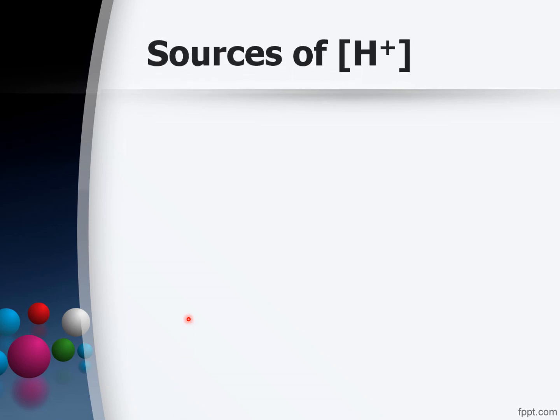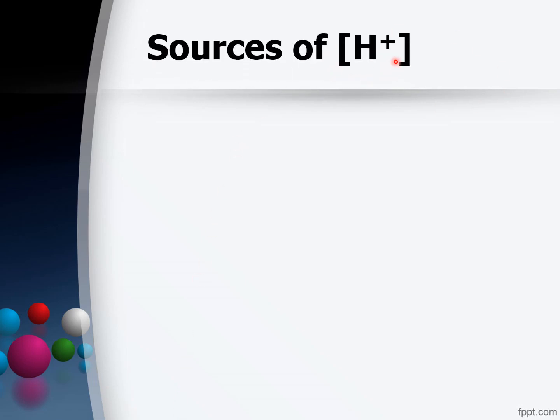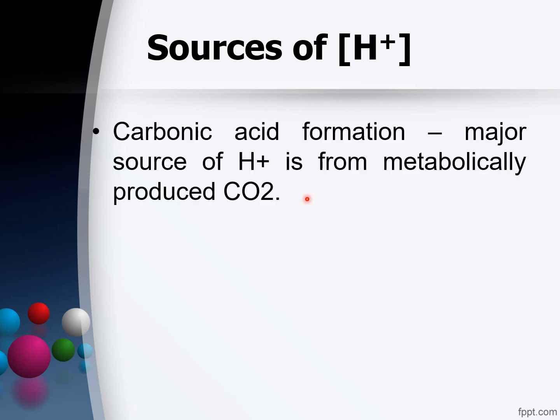The acidity of a solution is measured by its hydrogen ion concentration. But where do these hydrogen ions come from? One of the sources of hydrogen ions is carbonic acid, and the major source of hydrogen ions that will eventually form carbonic acid is carbon dioxide.